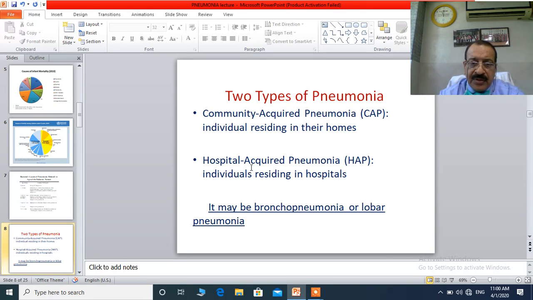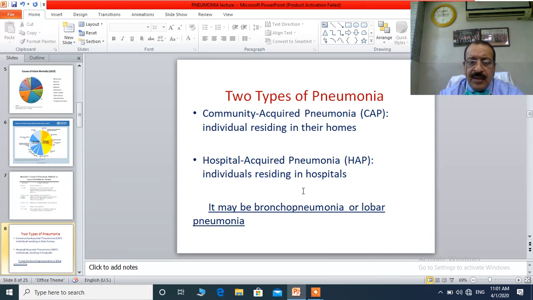These children are admitted in the hospital due to some other reason, and they acquire infection or pneumonia in the hospital, and the organisms are different, particularly Pseudomonas and Staphylococcus aureus, which are responsible for hospital-acquired infection, and the majority of these organisms are resistant to treatment and difficult to manage.